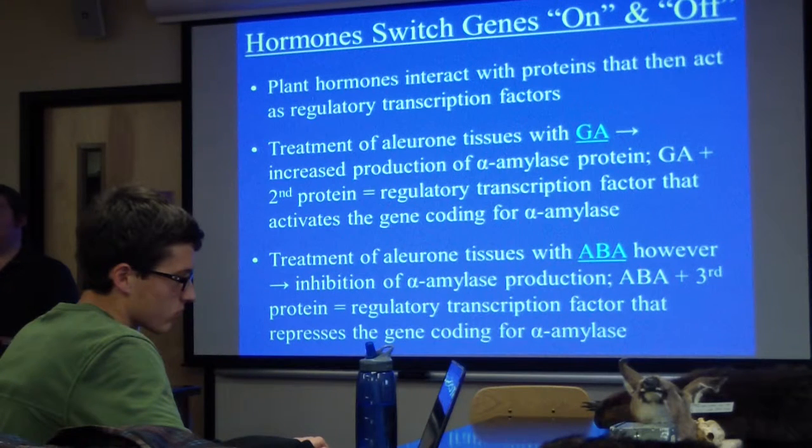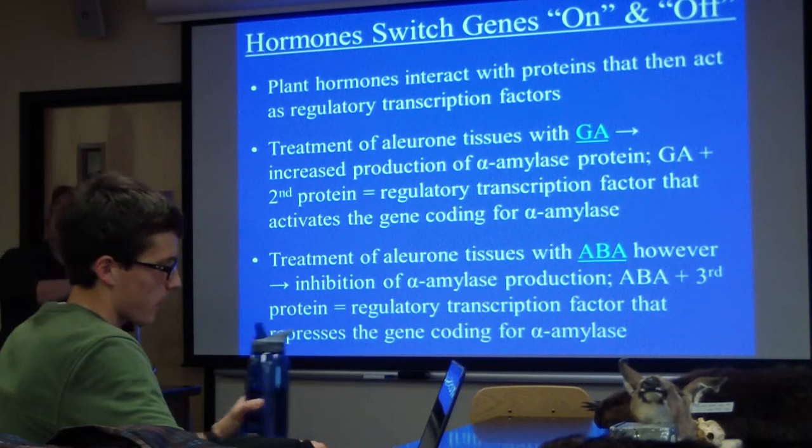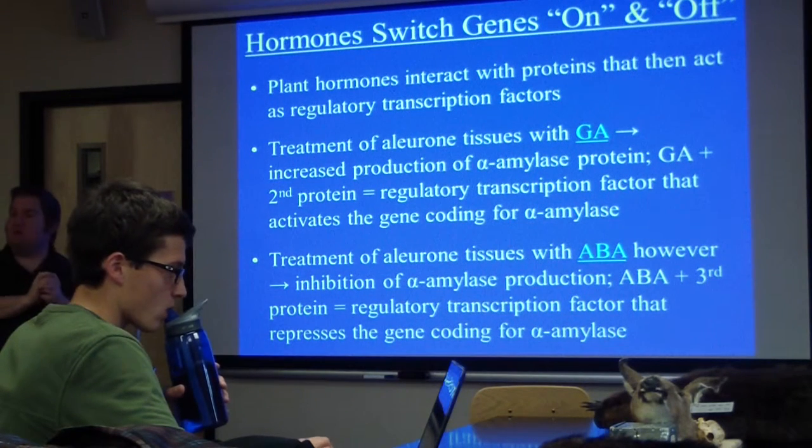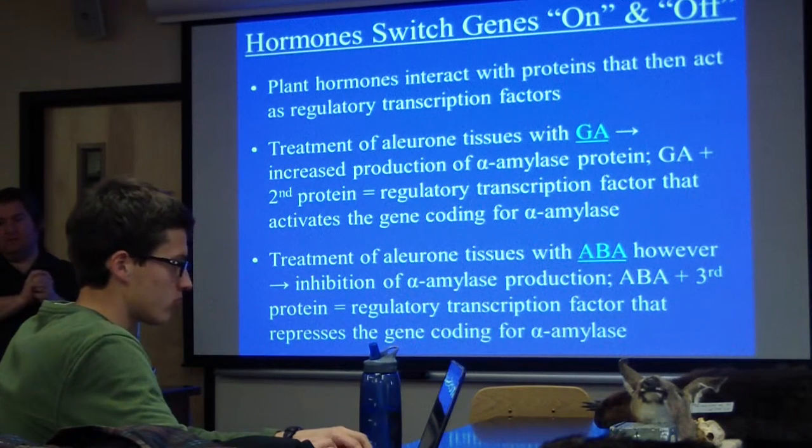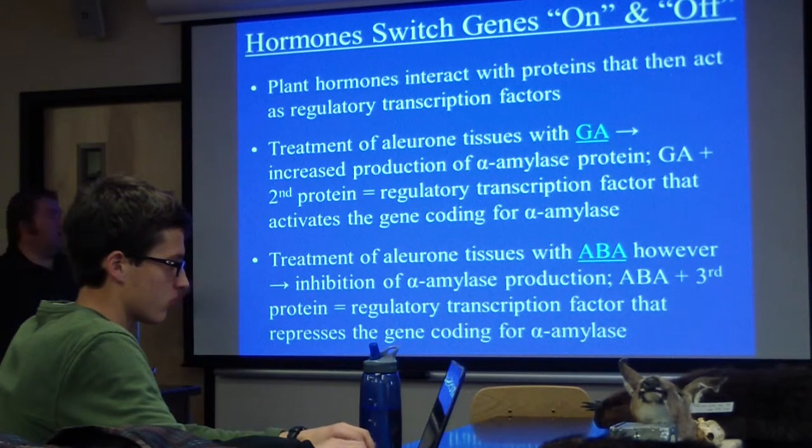All right. Gibberellic acid is binding to a different molecule, a protein, and together they're going to the alpha amylase gene and they're binding to the regulatory sequence and turning that gene on. All right?